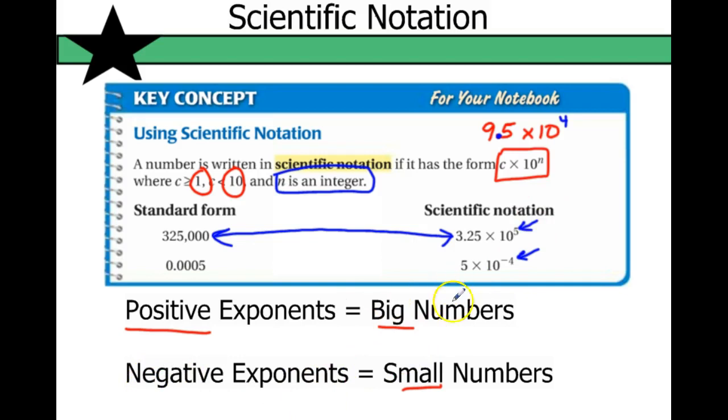If it's a negative number, it's really going to be a small number because you're really dividing by 10. Because this is a negative exponent. We didn't really learn this, but negative exponents would be moved to the bottom. So it would be 10 to the power of 4. You'd be dividing by 10 4 times. So it would be small, small, small, small, small. So these numbers are going to be small if they have a negative exponent, and they're going to be big if they have a positive exponent.